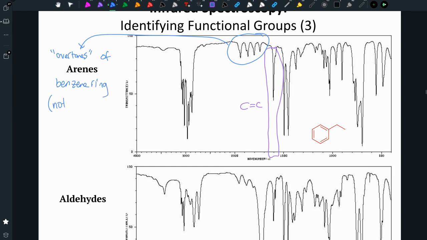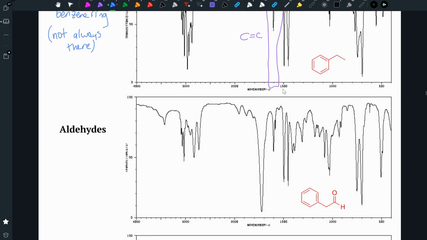They're not always there, but if you see them along with a CC peak, it's usually a good indication that you might have an aromatic ring in your molecule.